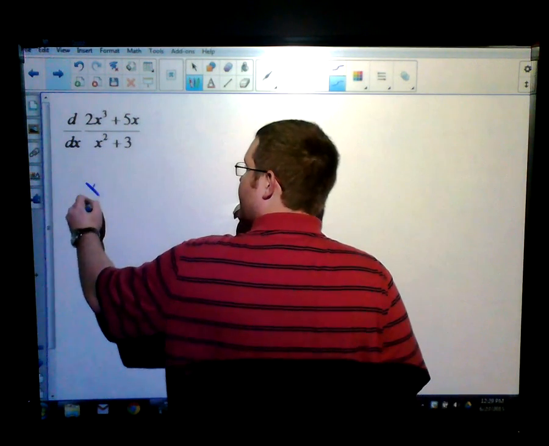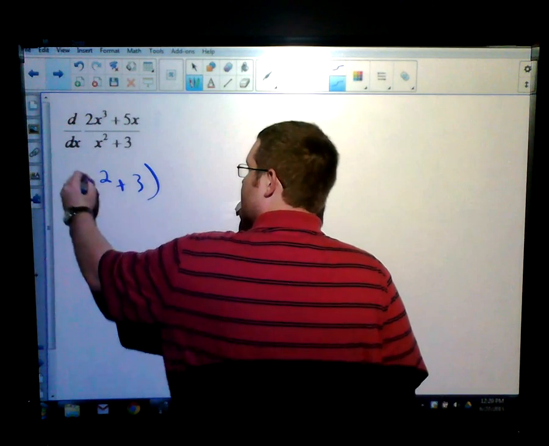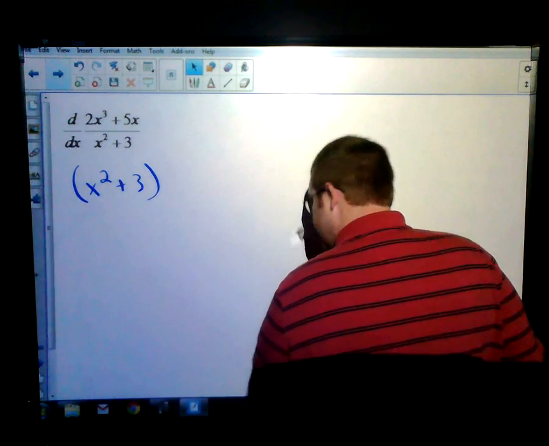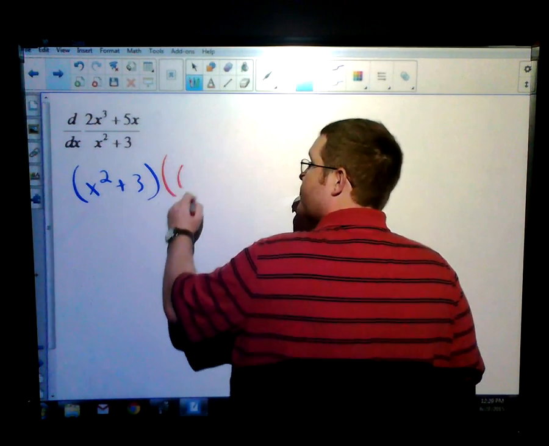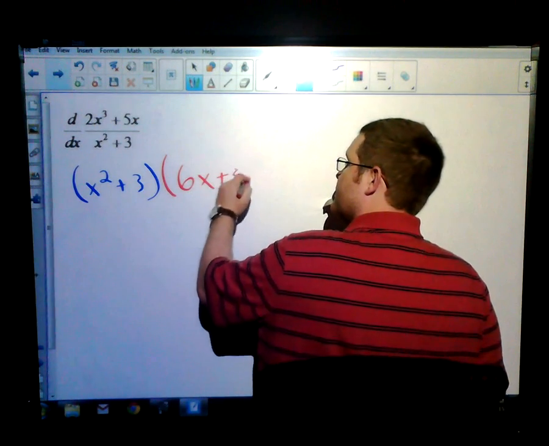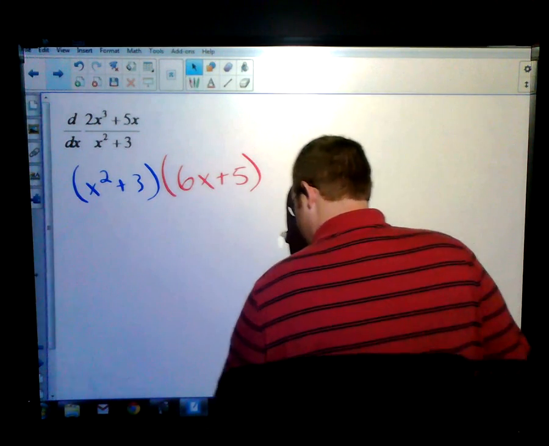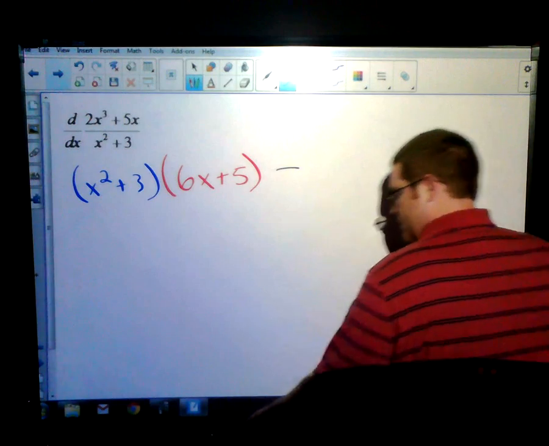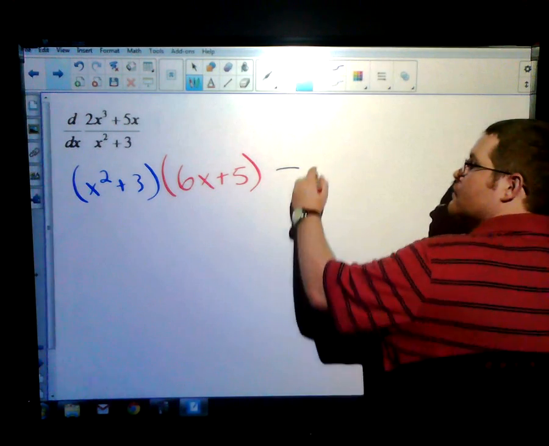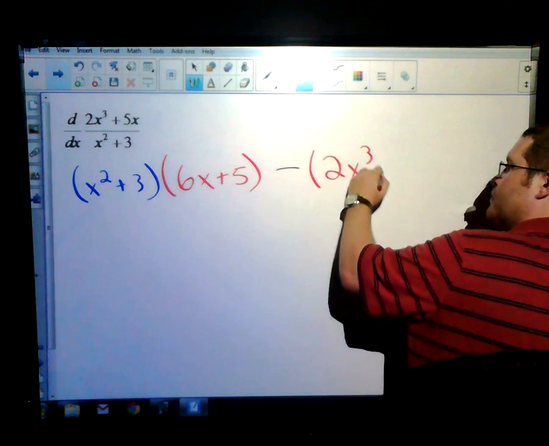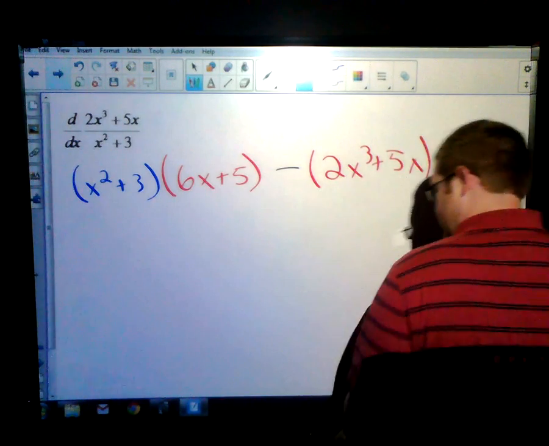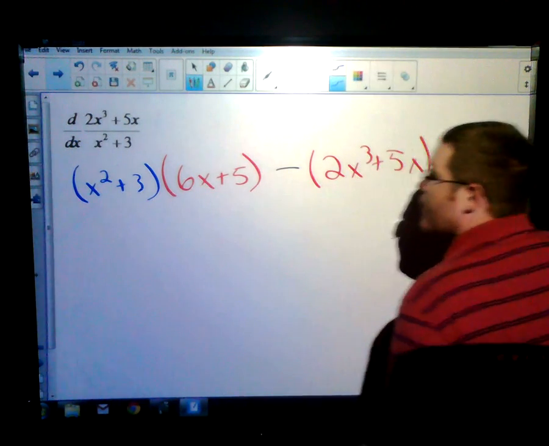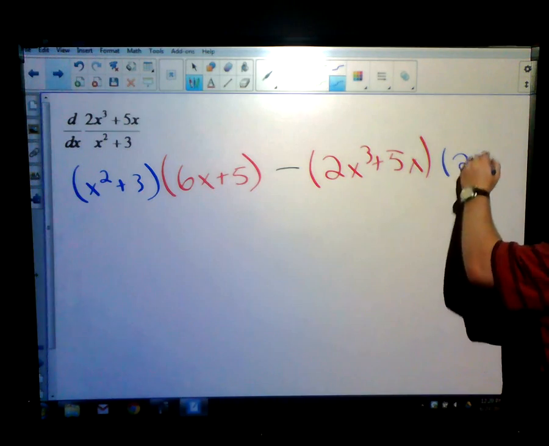Bottom, x squared plus 3, times the derivative of the top. The derivative of the top is 6x squared plus 5. Minus the top, 2x cubed plus 5x, times the derivative of the bottom, 2x.